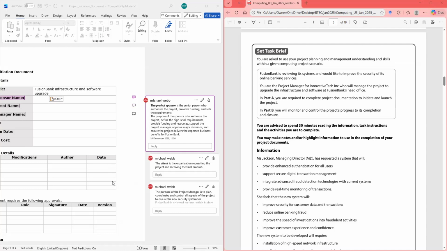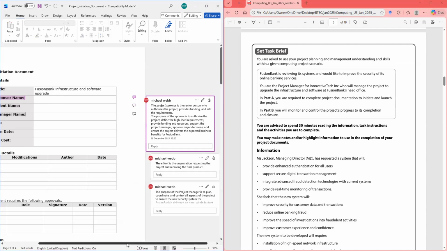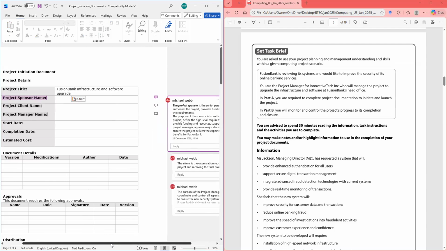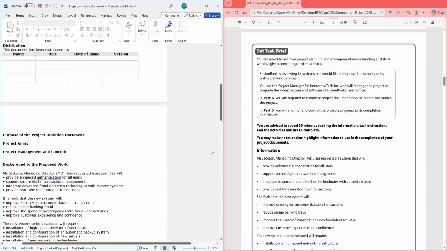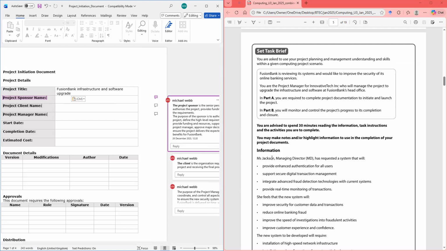And that's one of the things I am having issues with, where people are still putting the business as the sponsor. The sponsor will be the person. The person can fund the project. The person is responsible for defining the requirements of the project. That's the sponsor. In this case, the sponsor would be, and I would go down, I'm seeing Miss Jackson, who is the managing director.